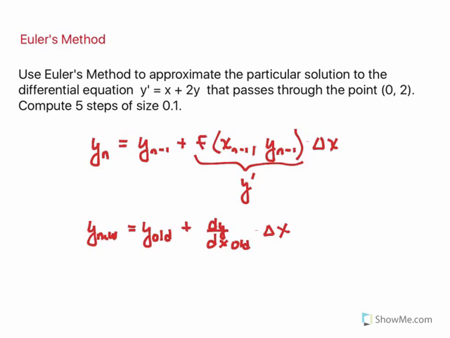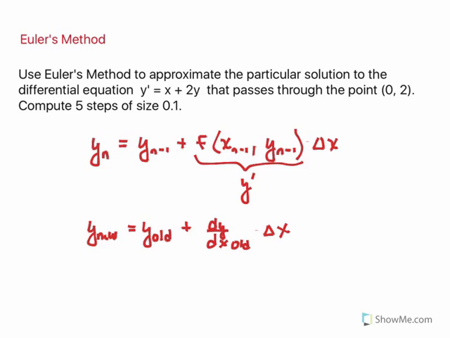Remember that this really is simply a linear equation that you're writing. It looks a lot like point-slope form of a line. dy dx, of course, is your slope. Your delta x is your change in x, the difference in the x's from one x value to the next. So all this is really using a linear equation.